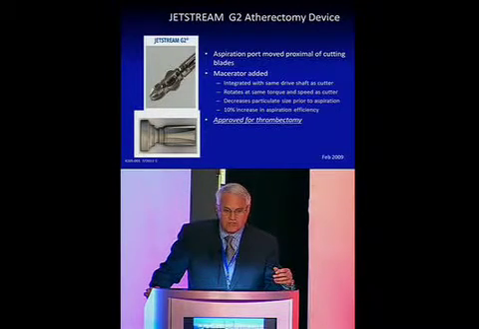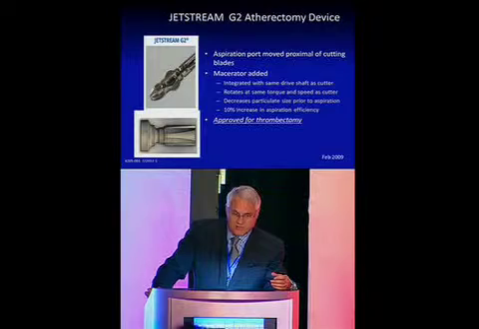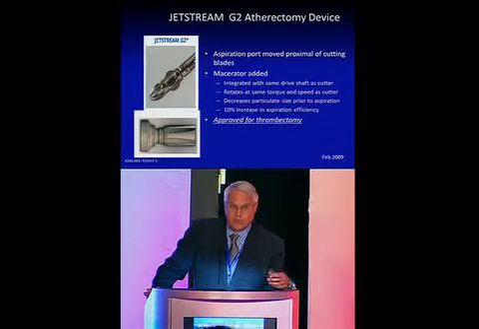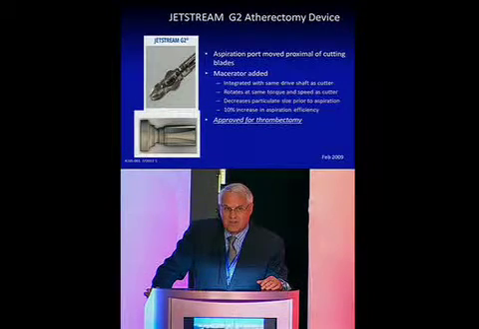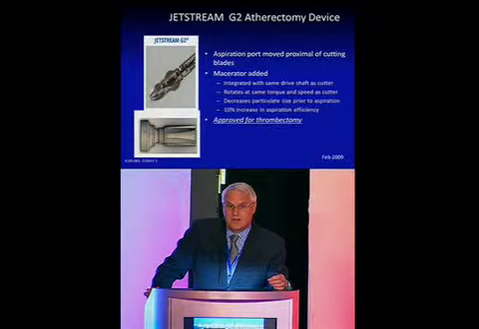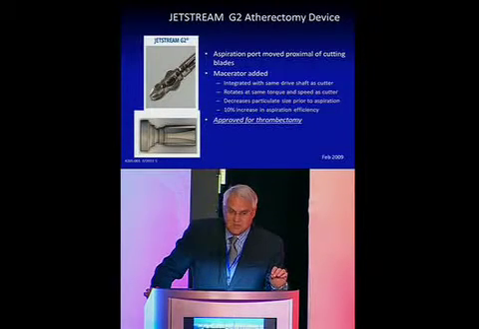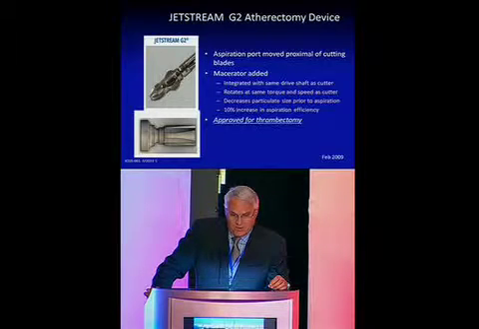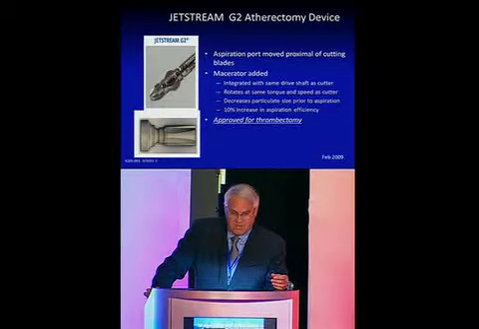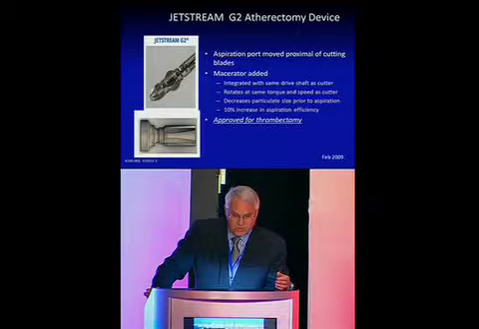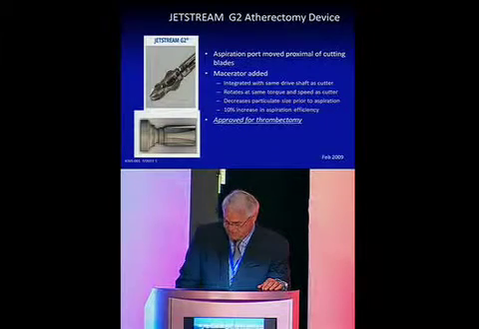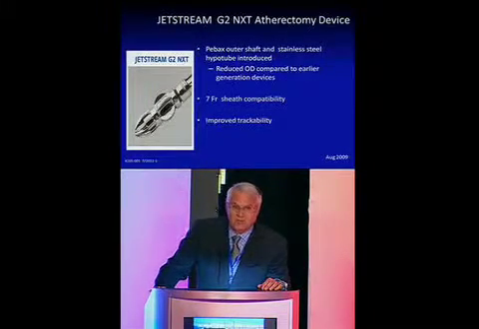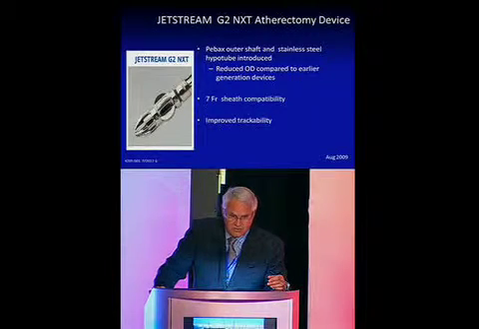With those additions, it really improved its effectiveness in terms of aspiration, and by virtue of that, achieved approval not just as an atherectomy device, but also as a thrombectomy device. It was much more effective in terms of its aspiration efficiency compared to the original device, and really was a significant improvement, and that's continued.